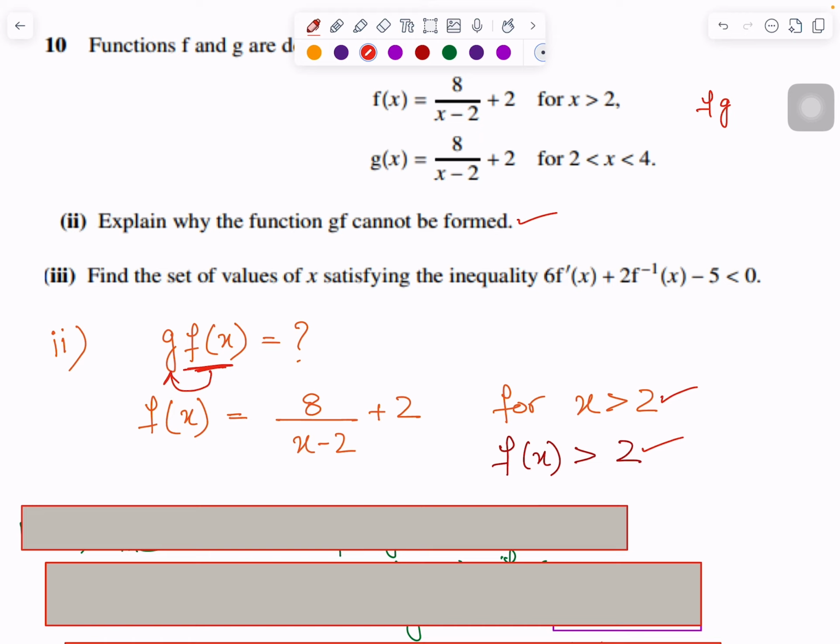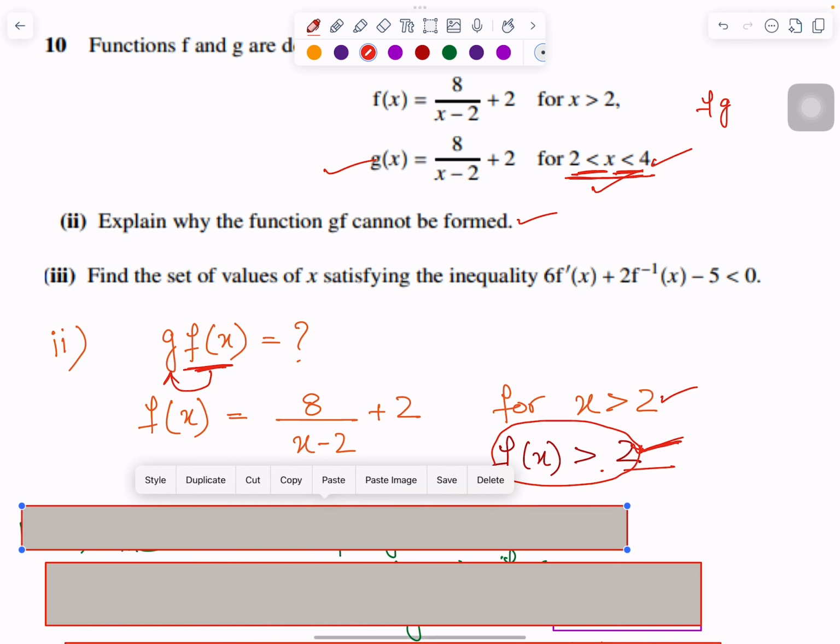And what is the domain of g given to us? This one. Do you think this lies fully within this? I am saying x greater than 2. x greater than 2 is fine, but at the same time it has to be less than 4 in the domain of g. So the domain of g, which is given to us here, does not satisfy this one.